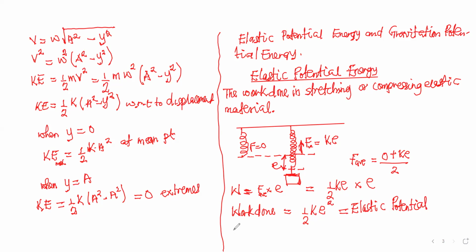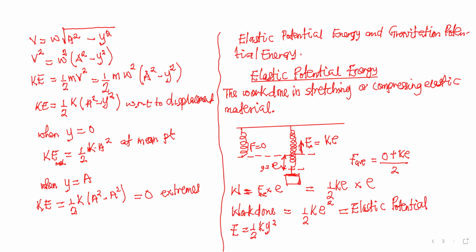Sometimes it is shortened as just E, which is equal to half K times the square of the extension. So if the extension is represented by Y, then it becomes half K Y squared. That is how to determine elastic potential energy.